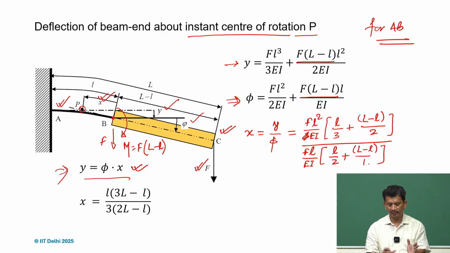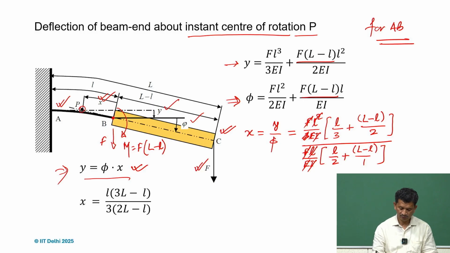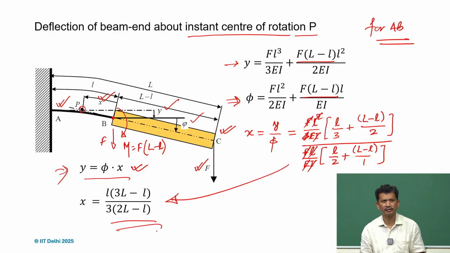If we rearrange, EI will all cancel out, and a single l will also cancel out. We will be left with a single l at the top, and if we work it out, we arrive at this formulation, where x equals l times (3L minus l) divided by 3 times (2L minus l).